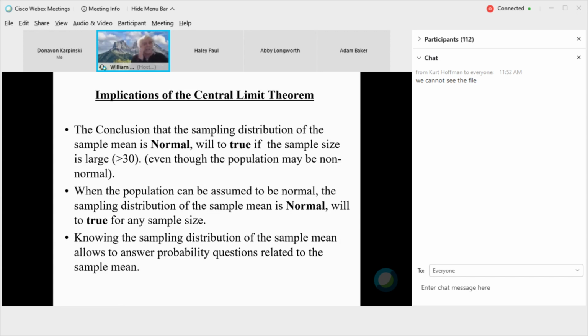So if the data is coming from a bell-shaped curve, for whatever sample size, the sampling distribution of X bar is normal. The central limit theorem says even if the population is not normal, if the sample size is reasonably large, greater than 30, the distribution of X bar will be normal.